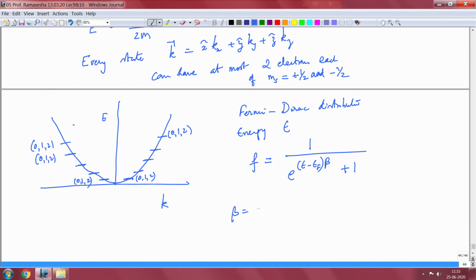Beta is equal to 1 upon kBT, and epsilon f is a chemical potential.